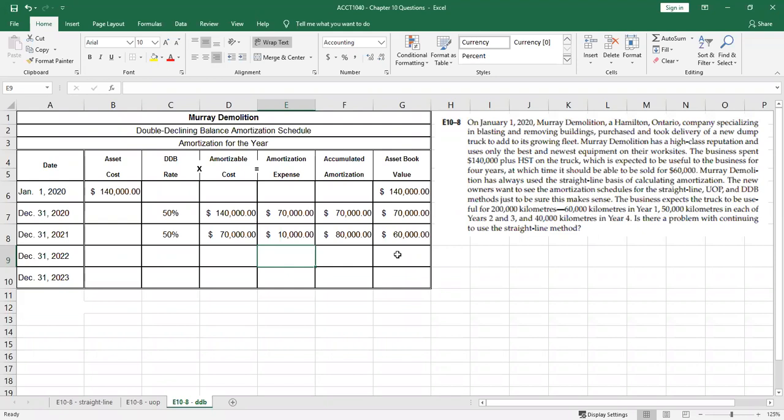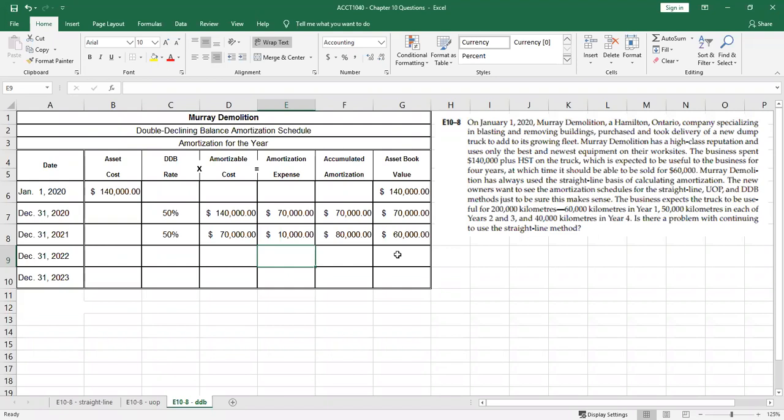So taking a look at those three methods and working through this exercise using all three methods, the very last question asked us, is there a problem with continuing to use the straight line method? Well, let's talk about that. A couple different things to consider. Management expects this truck to last 4 years.